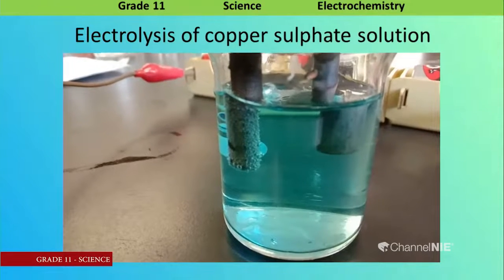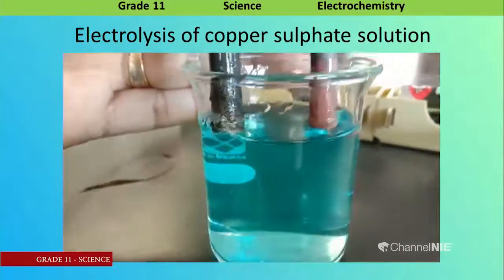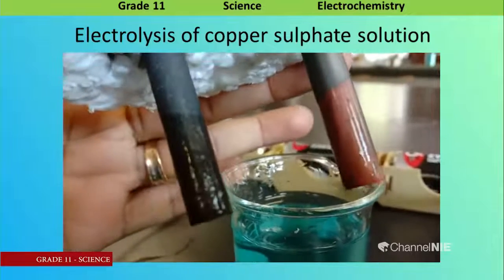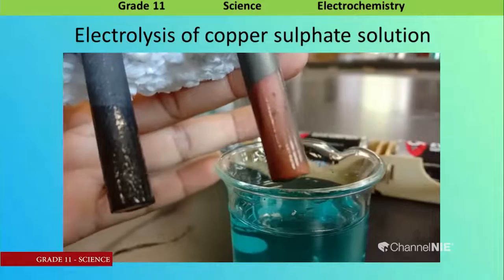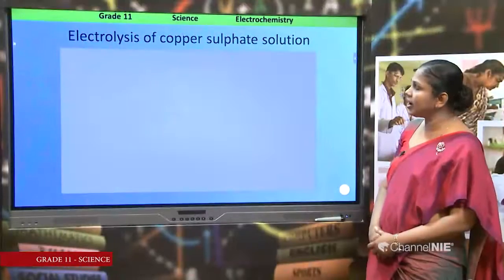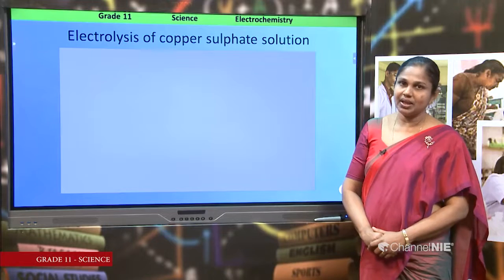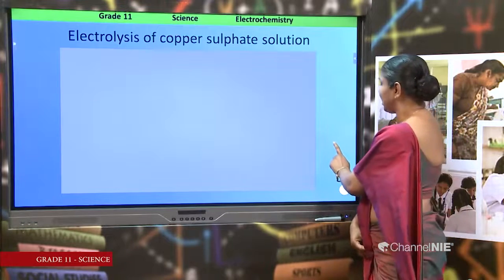Okay, children. Now finally you can see how copper metal has plated around the carbon rod. This is what we call electroplating, children.